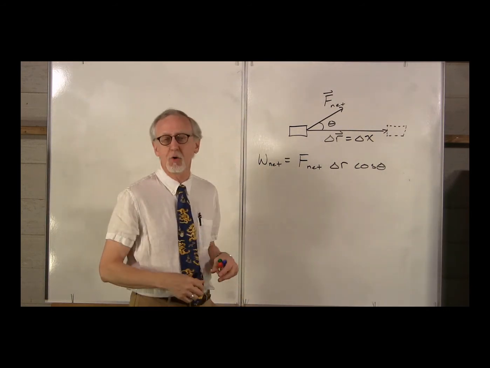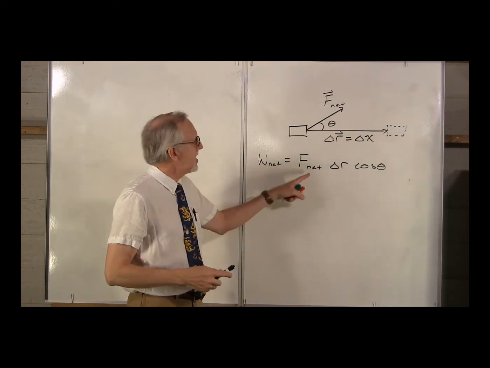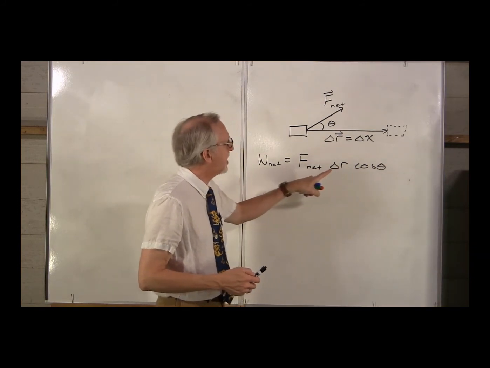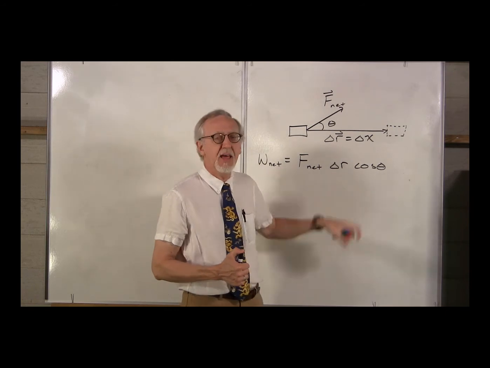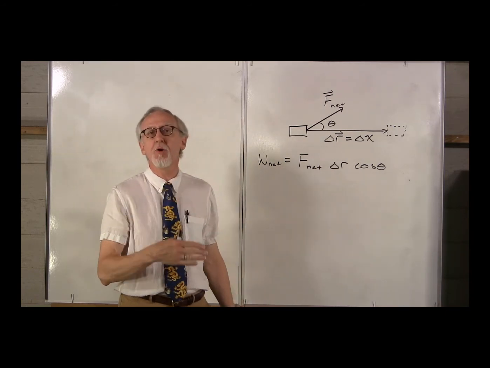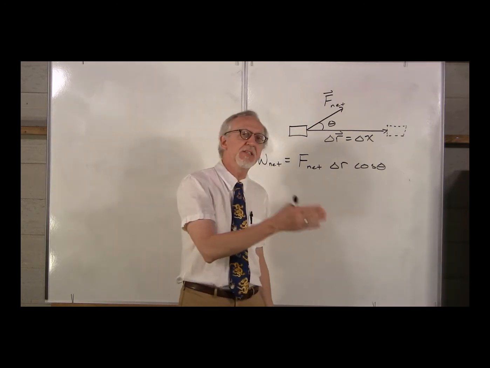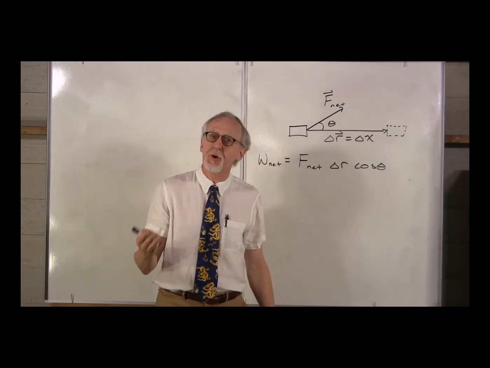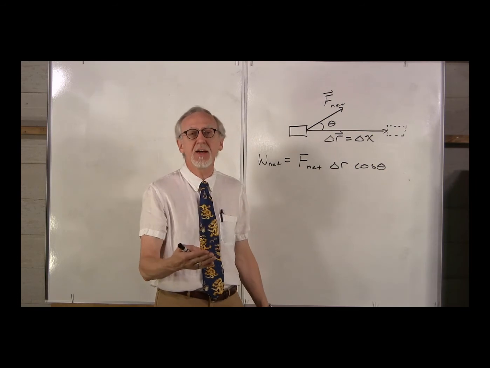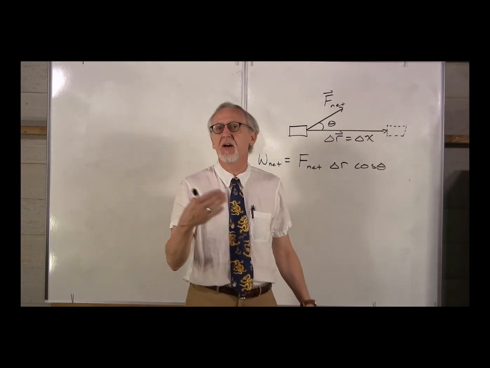Now let's group this cosine theta with F net. Remember, F cos theta was the component of F along the displacement. If the displacement is in the x direction, what's the component of F in the x direction? That's the x component of F.